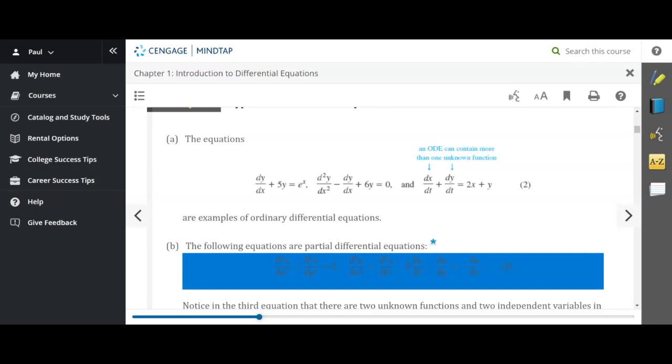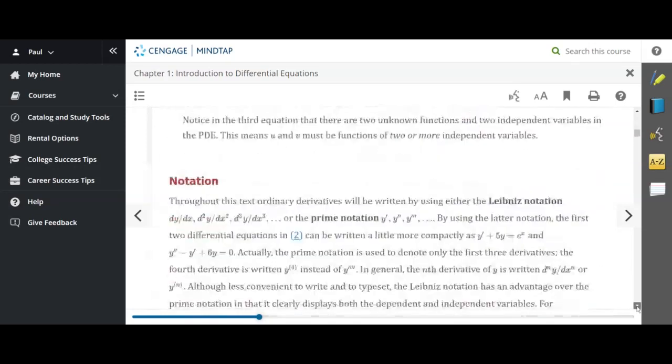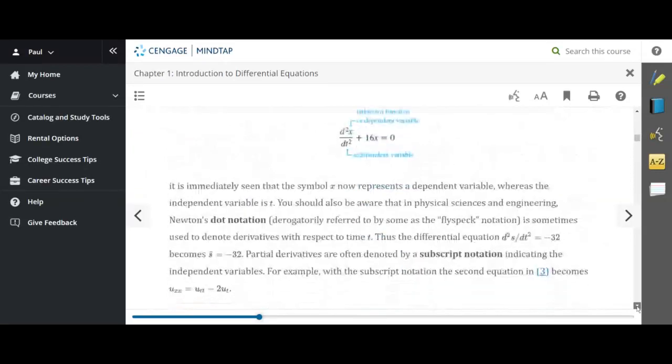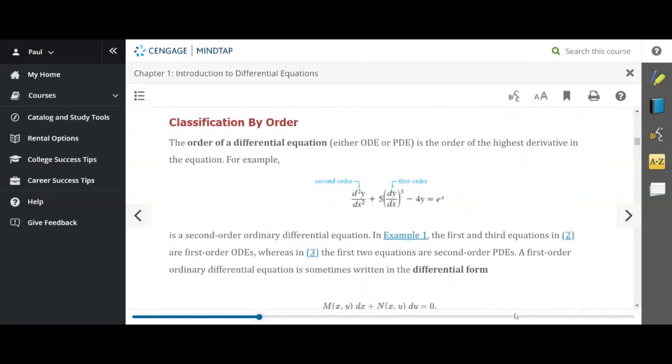So let me just keep going down here. I really want to get to some examples. But one thing that's important is the order of a differential equation.